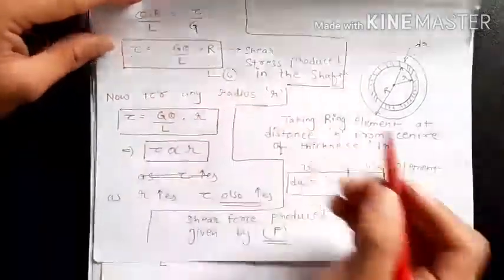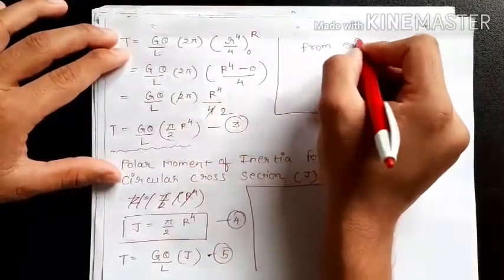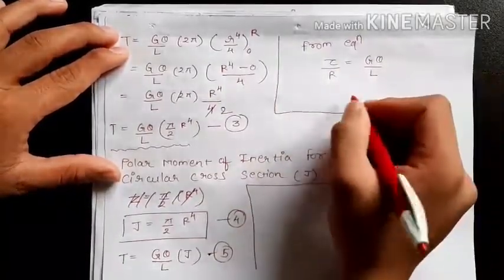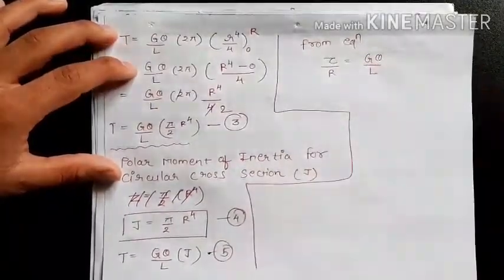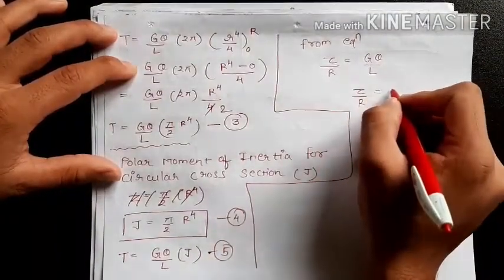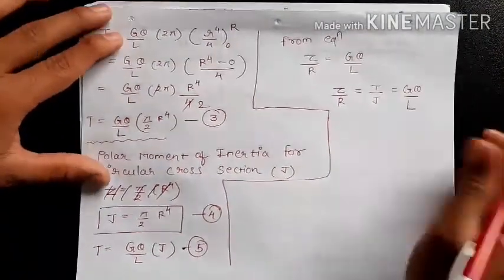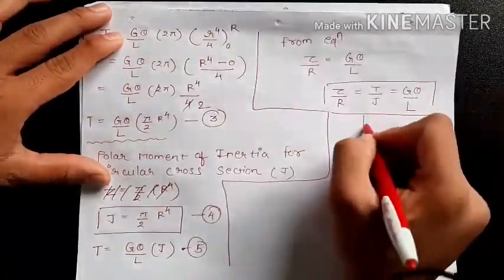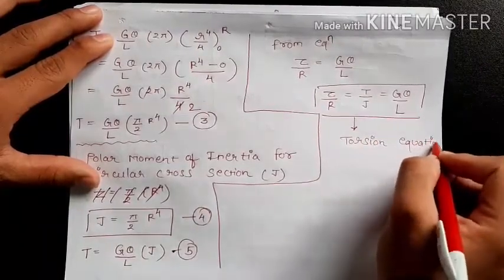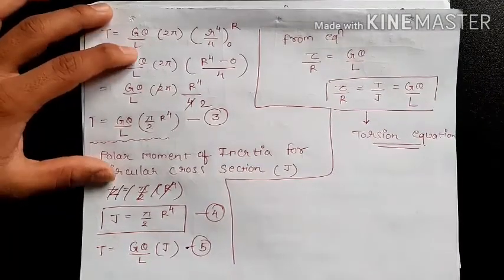Now by comparing with equation 6, we can write tau upon R equals G theta upon L. So by comparing this G theta upon L with equation number 5, we get tau upon R equals T upon J, which equals G theta by L. This is the torsion equation. That is tau upon R equals T upon J equals G theta by L.